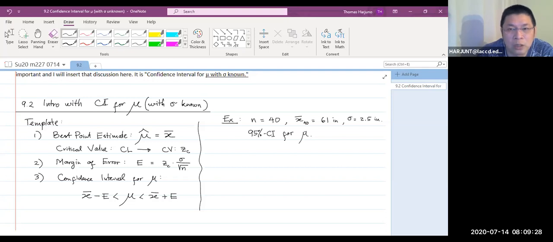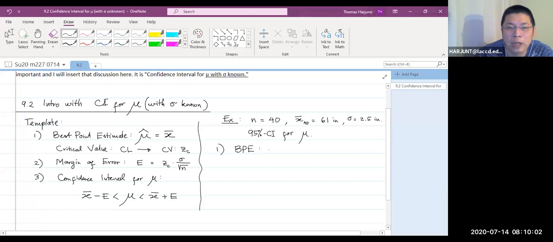Can we predict what interval the population mean height of all students at West LA College will be in, with 95% confidence that the mean will be in that interval? Okay, now here's the thing, step one. I will try to explain why the procedure looks like this. Step one, best point estimate.